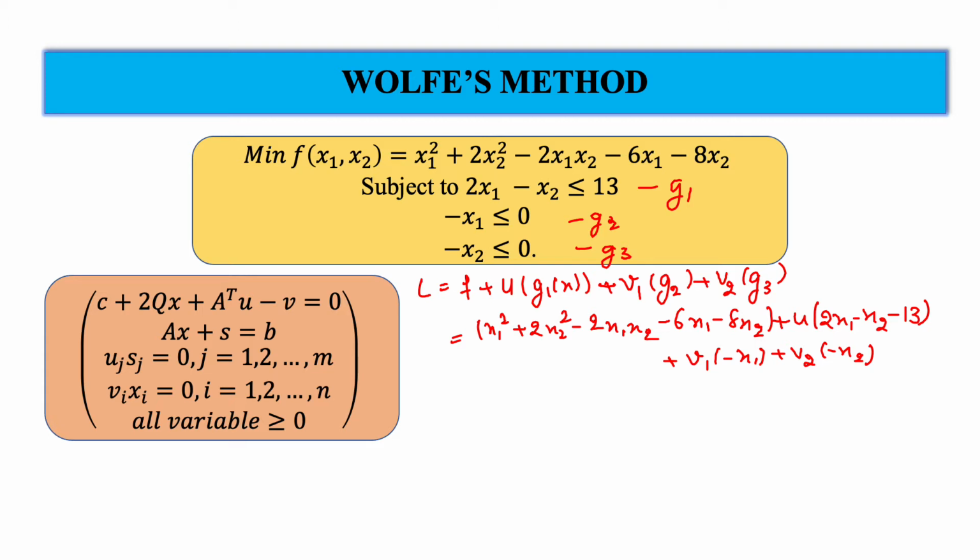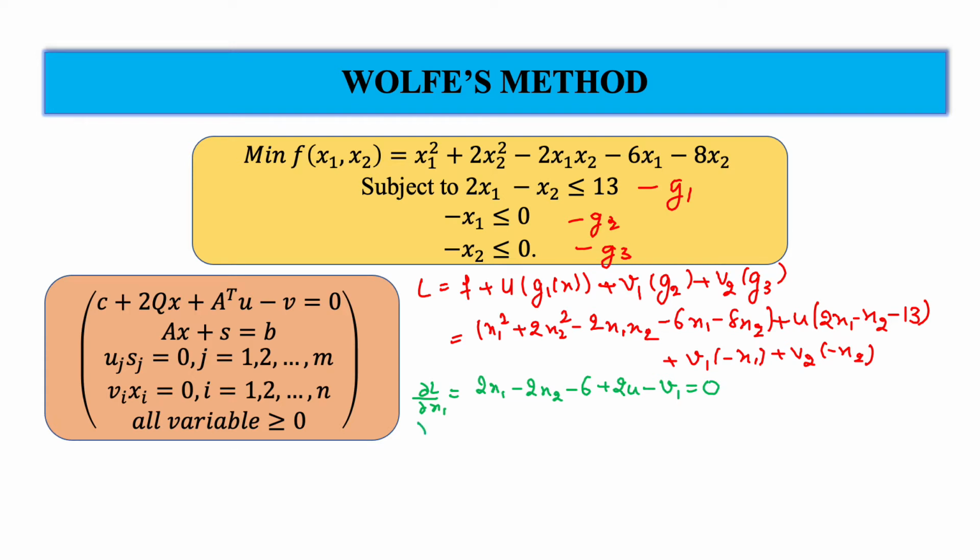That is our Lagrange function. Next we differentiate the Lagrange function with respect to the first variable. It will be 2x1 minus 2x2 minus 6 plus 2u minus v1, which we put equal to 0.